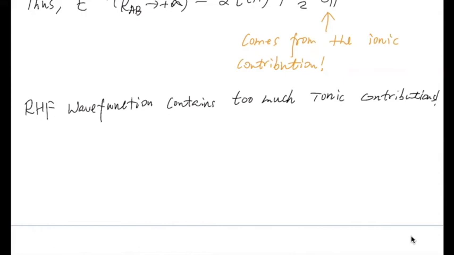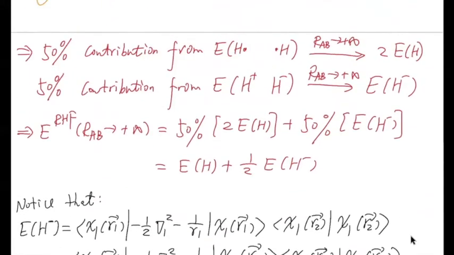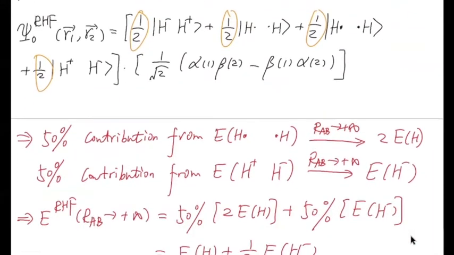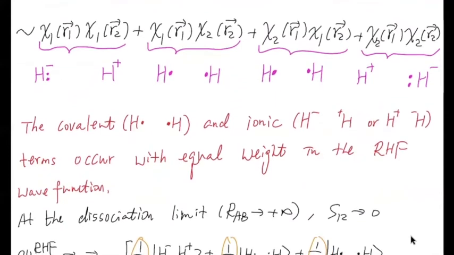You have 50-50 contribution from the covalent structure and ionic structure. It's too much. Well, you will say, okay, if you look at this restricted Hartree-Fock wave function, this is a spatial part, immediately you will say, I have another way to improve this. Meaning you just simply remove the ionic contribution.